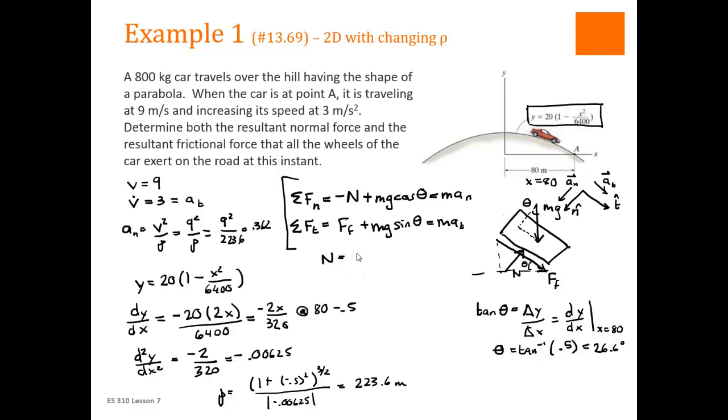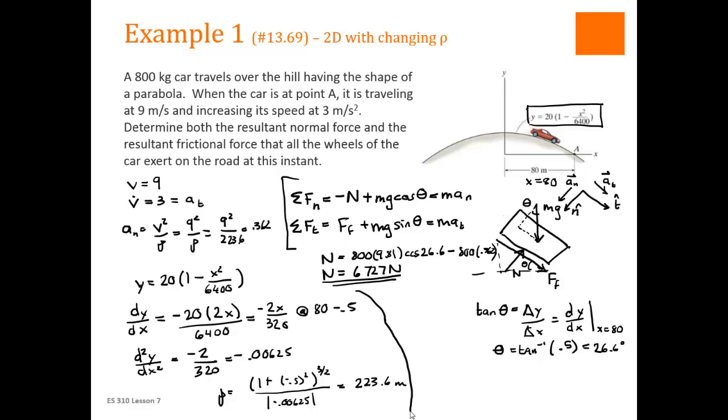M is 800 times 9.81 times cosine of 26.6, and that then minus 800 times AN, which is 0.362. So N is equal to 6,727 newtons. That's one part of the equation.